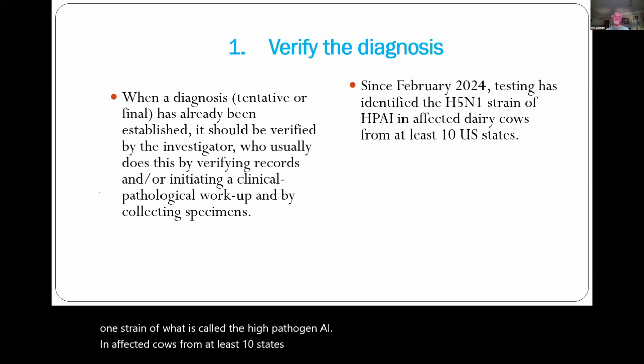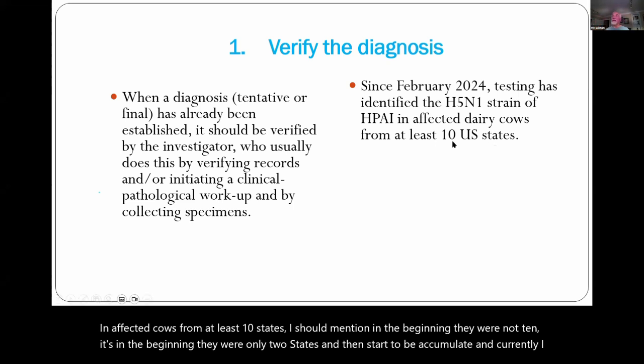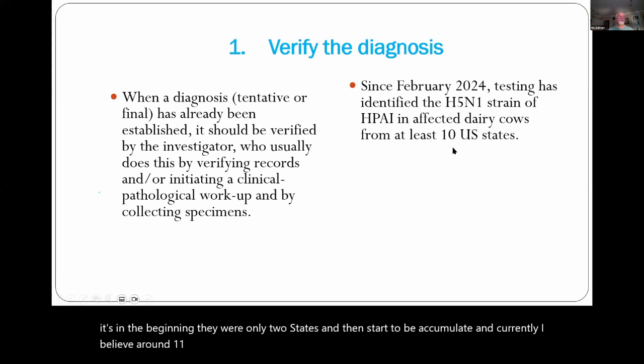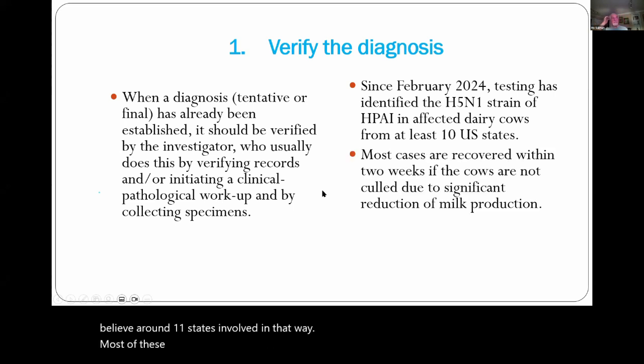I should mention that in the beginning there were not 10. In the beginning there were only 2 states, and then it started to accumulate. And currently, I believe around 11 states are involved. Most of these cases recovered within 2 weeks.